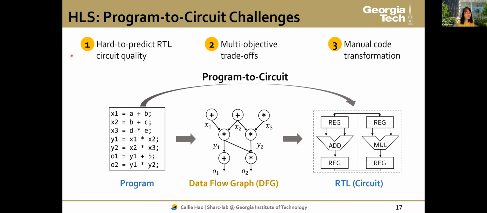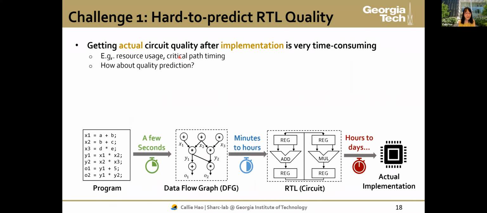So first, what does this hard-to-predict RTL circuit quality mean? This is the overall flow from the real program down to the actual implementation. It can be a circuit, it can be an ASIC or an FPGA program. So this is the actual implementation that people can really see, or fabricate, or use to program an FPGA.